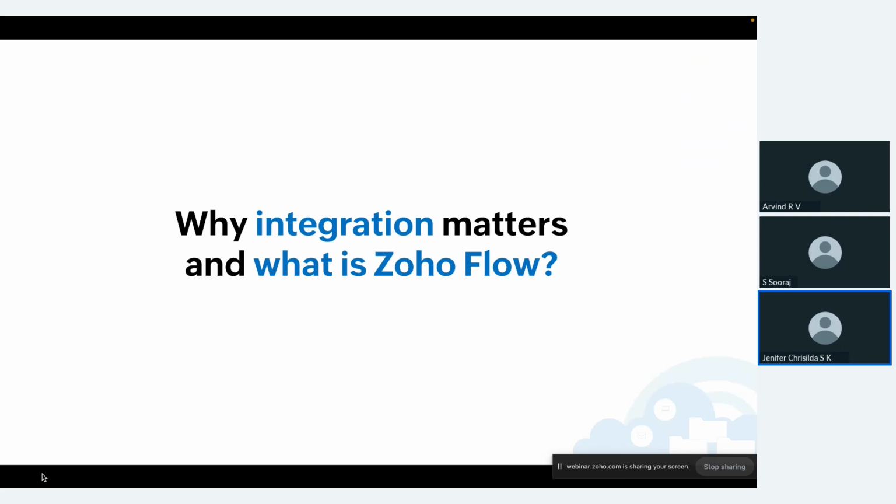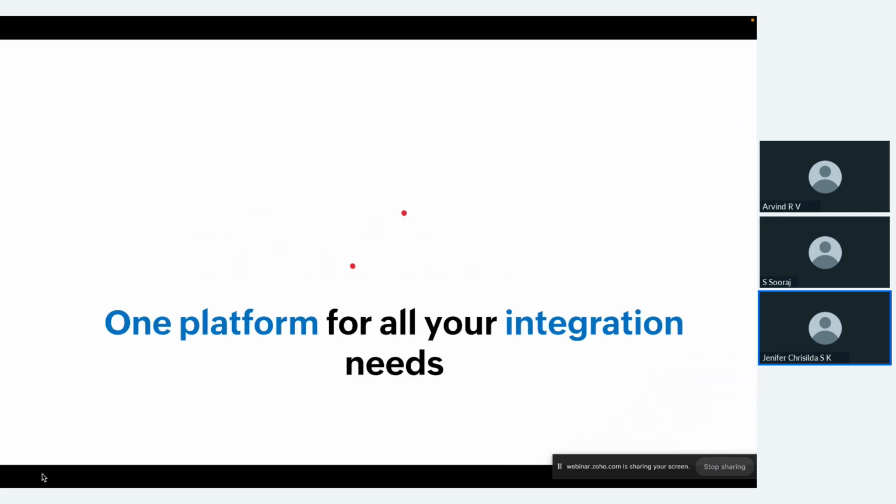But without an integration, if a new lead fills out a form, the sales team only gets notified after hours, which delays the response time. So to avoid this, we need an integration in place, and this is where Zoho Flow comes into play.